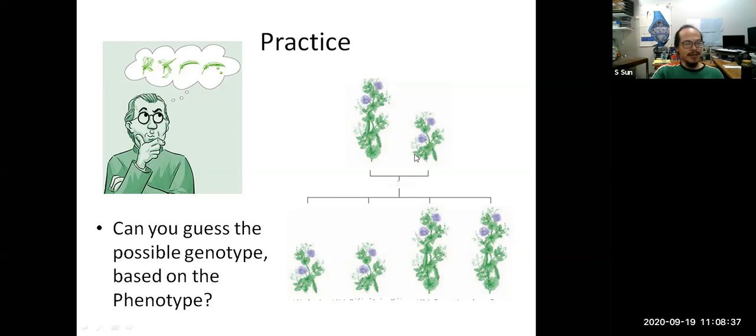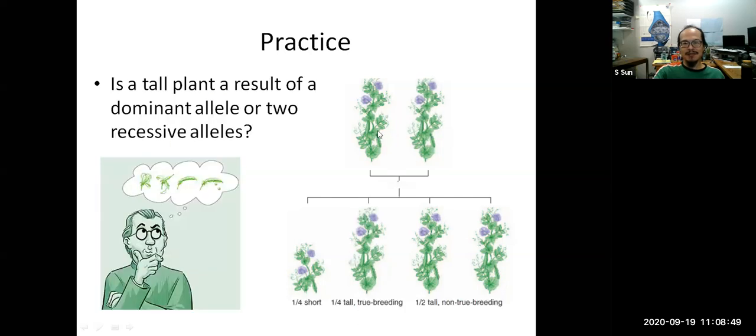And so we can do a practice that says, what's the possibility of these parents? For example, this one, we can kind of know that their parents must be, even though we don't do a gene study, right?